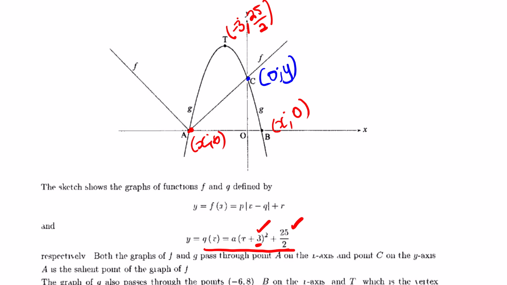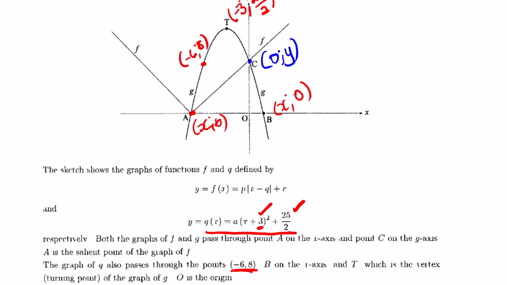So it must be on the negative side of the x-axis and the positive side of the y-axis. So it might be somewhere here, but it must be below the turning point, because 25/2 is greater than 8. So you can say we have (-6, 8).